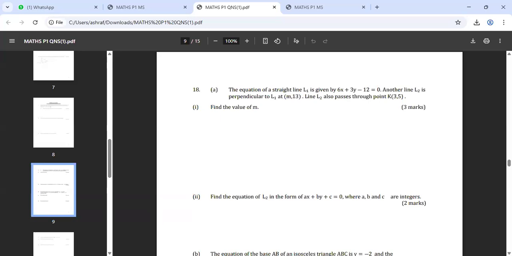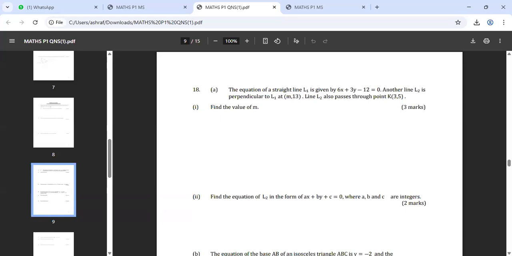So how do we get the value of M? Someone to guide us through. Someone to try. Yes, Melvin. You will first change the equation of L1 into the form y equals mx plus c.